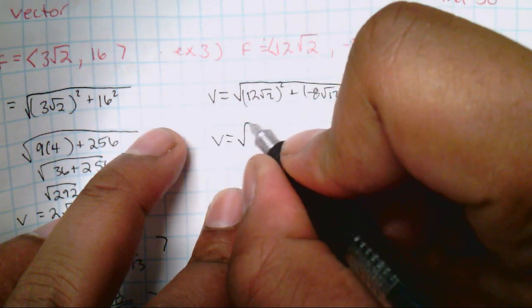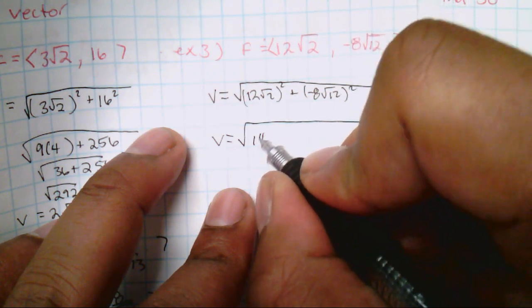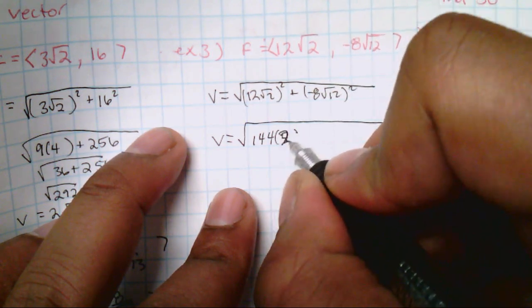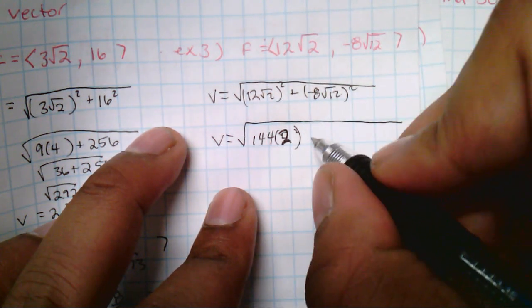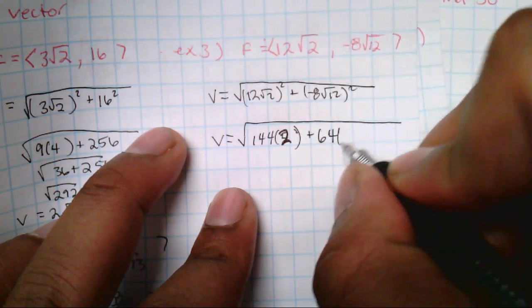This will give us 12 squared is 144 times 2. Don't want to change that. Plus -8 squared is 64 times 12.